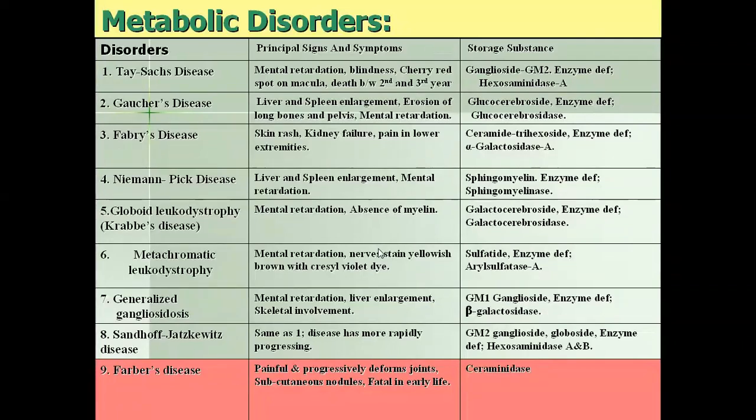Number 3, Fabry's disease. Fabry's disease is X-linked, more prominent in males. The enzyme deficient is alpha galactosidase, an enzyme found in liver, spleen, kidney, brain, and small intestine, with accumulation of ceramide trihexoside. Skin rashes occur, the skin becomes reddish purple, with pain in lower extremities and painful neuropathies.